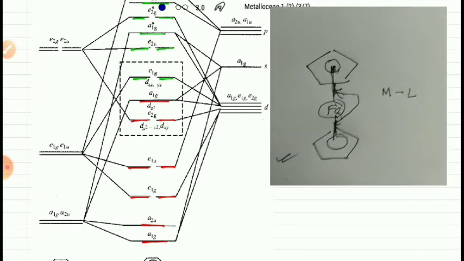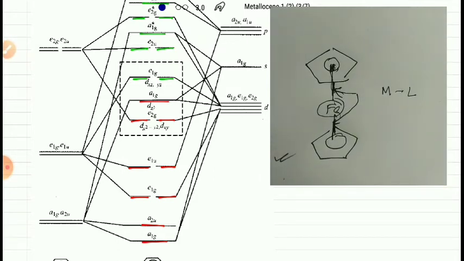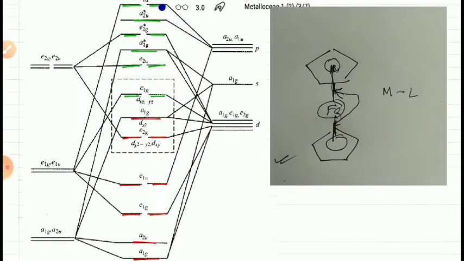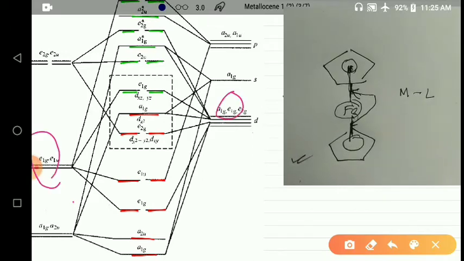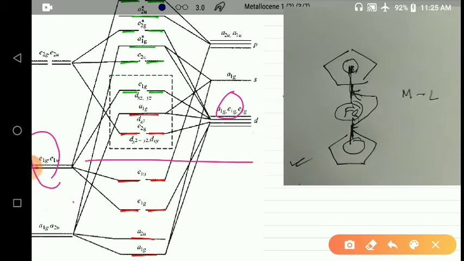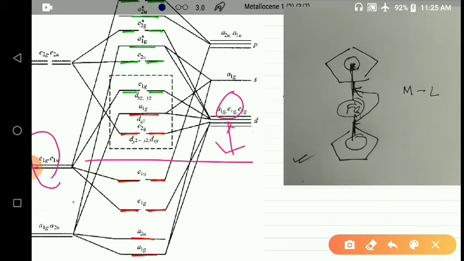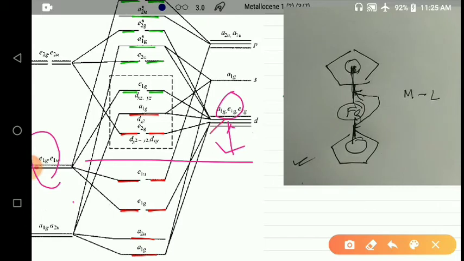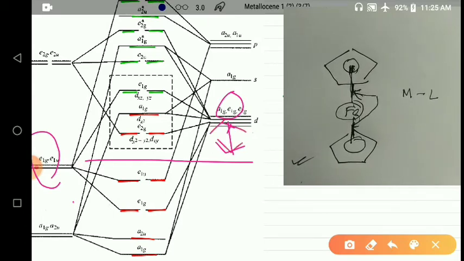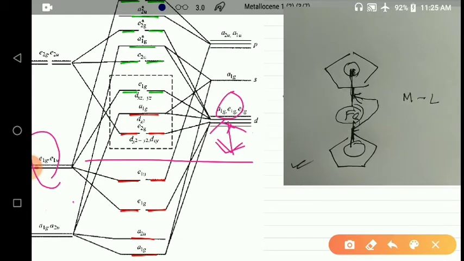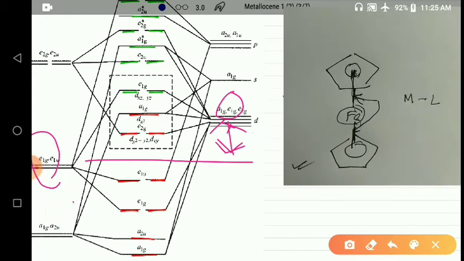So that means this E1Z and this E1Z only are going to contribute, because they have a slightly lower difference of energy compared to the others, and the difference is not so significant.